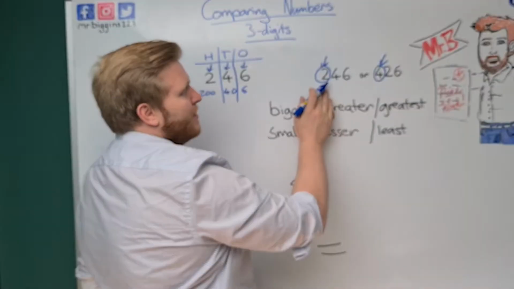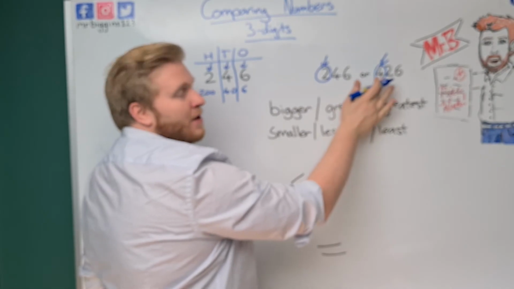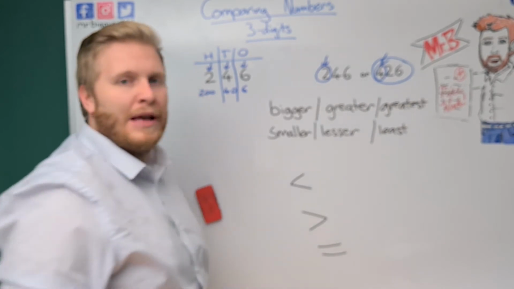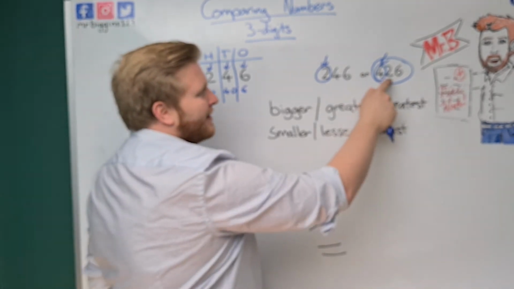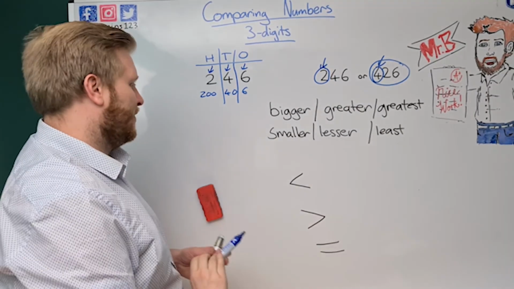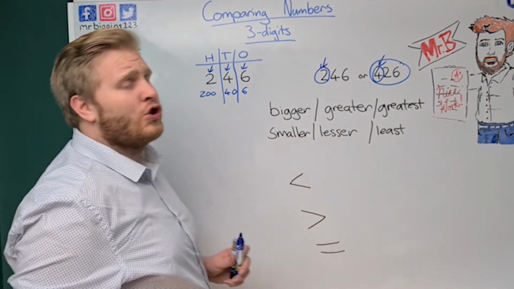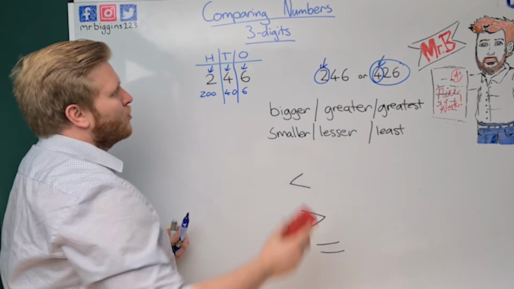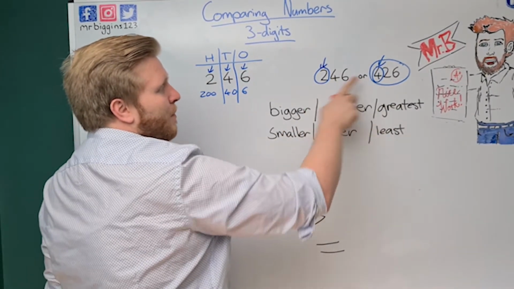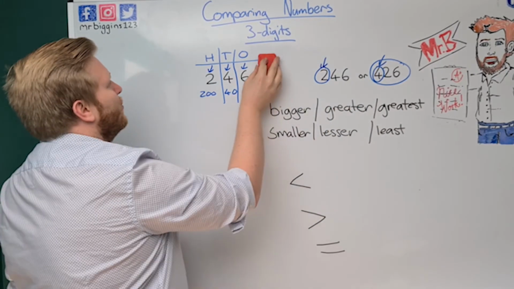So because I've got a 2 in this digit and 4 in this digit, this is a bigger digit, so that means this number is the biggest number. 426 is bigger than 246, okay? We do have another 2 digits, but because we have this one bigger than that one there, we don't have to do any more.